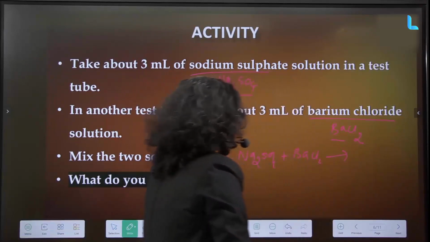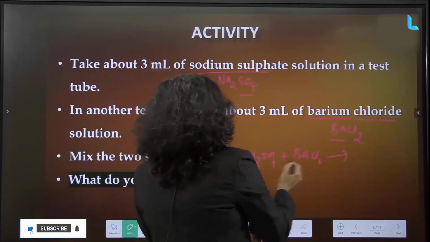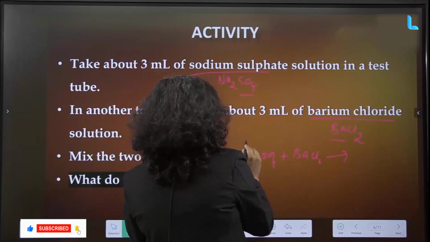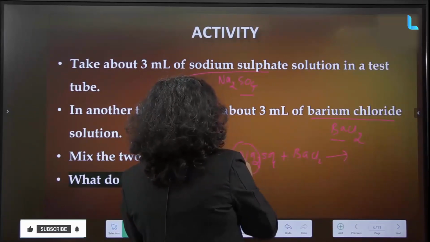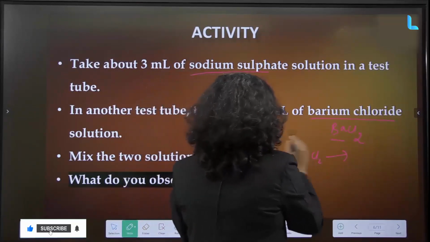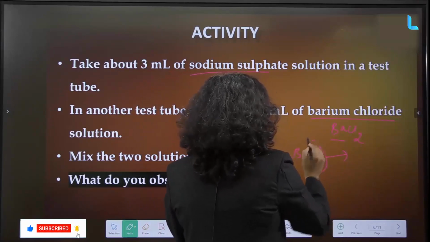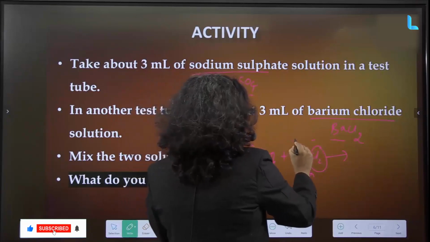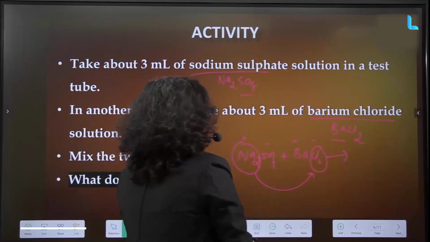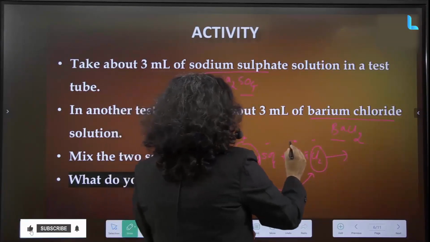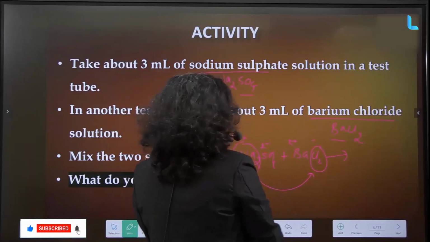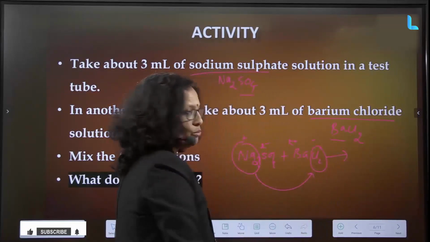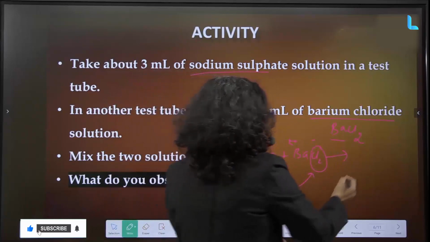Okay, we will try to write the reaction. Here there is a positively charged entity, and this is the negatively charged entity. So they will combine. This is 2 plus, this is 2 minus. This is 1 positive, 1 negative. So what will we write here?